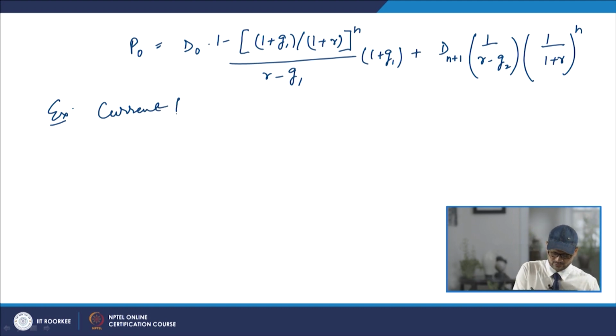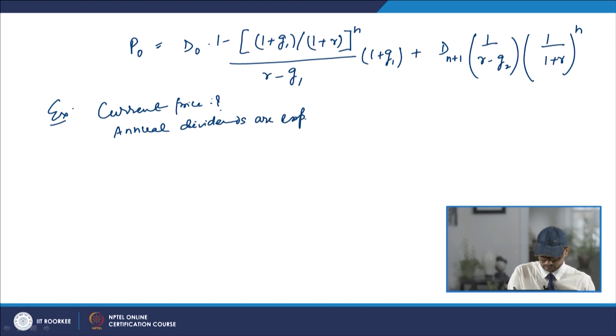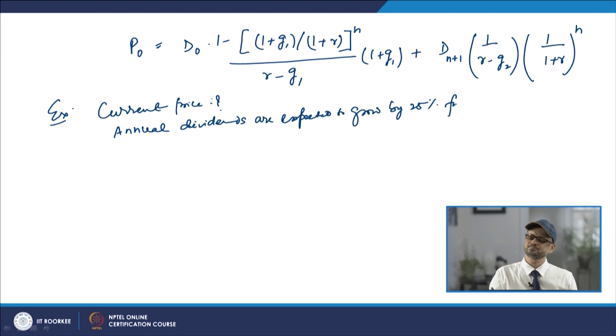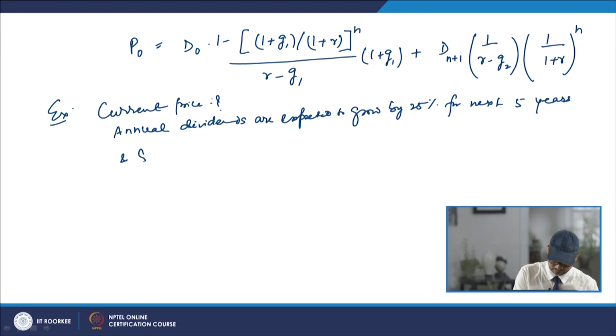You are given that the annual dividends are expected to grow by 25% for the next 5 years, and slow back to 5% after that.